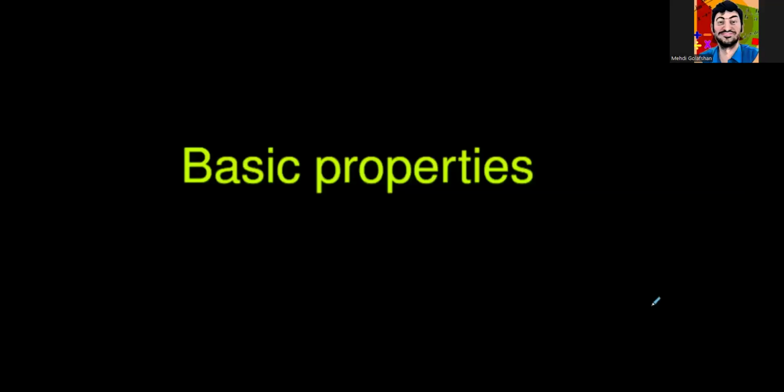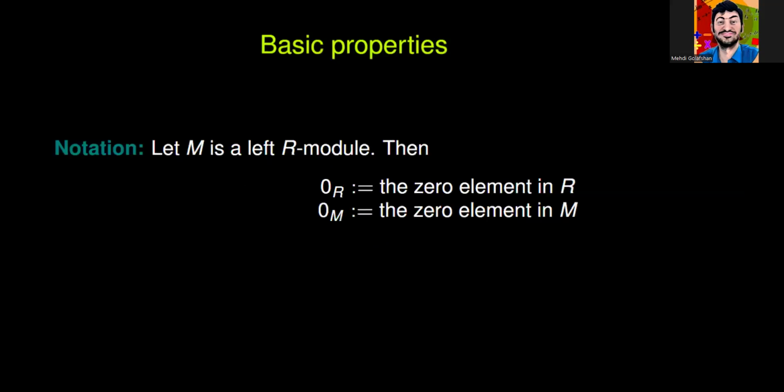Okay, now we will discuss some basic properties of R modules. I mean R left modules. The majority of them are familiar to us, but let's see. Before that, let's fix some notation.